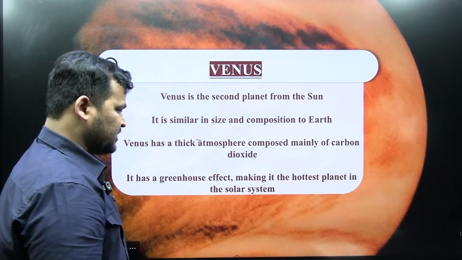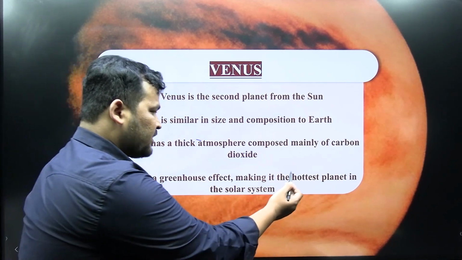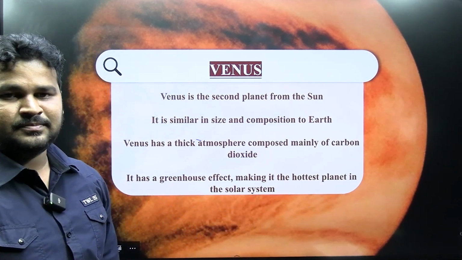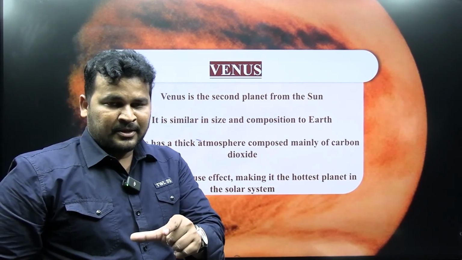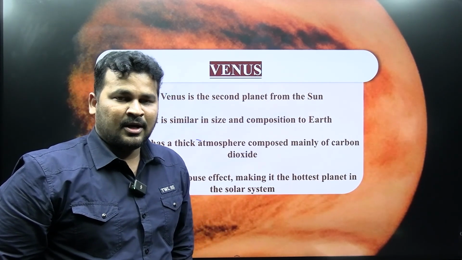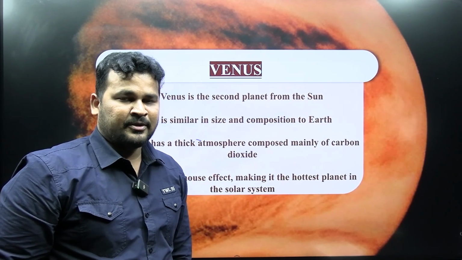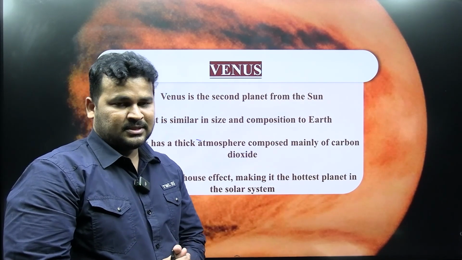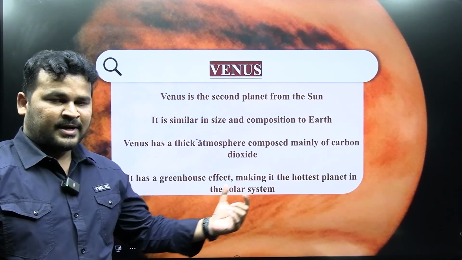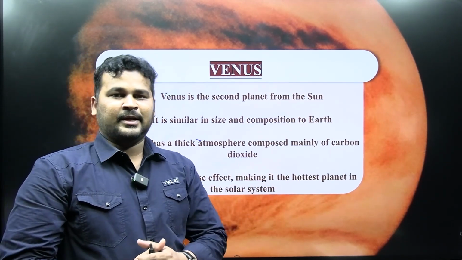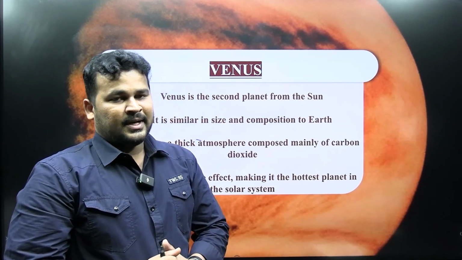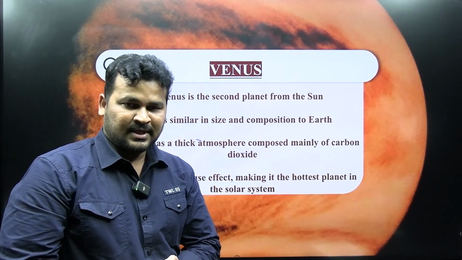It has a greenhouse effect, making it the hottest planet in the solar system. Can you give an example of greenhouse gases? Yes, carbon dioxide and carbon monoxide.